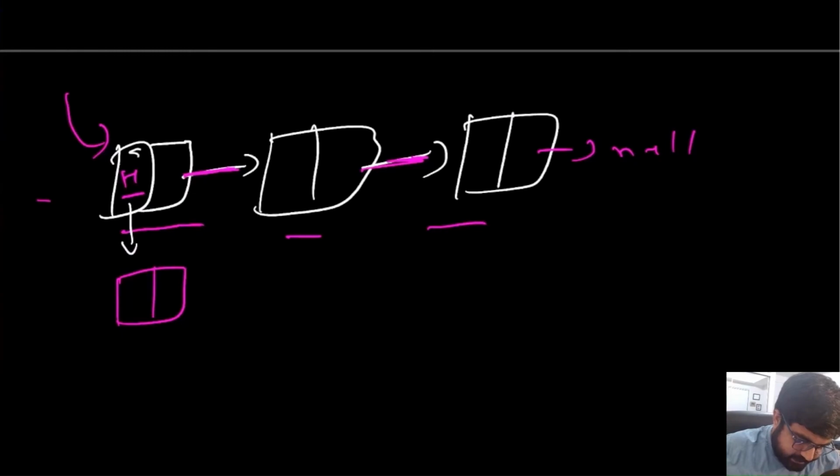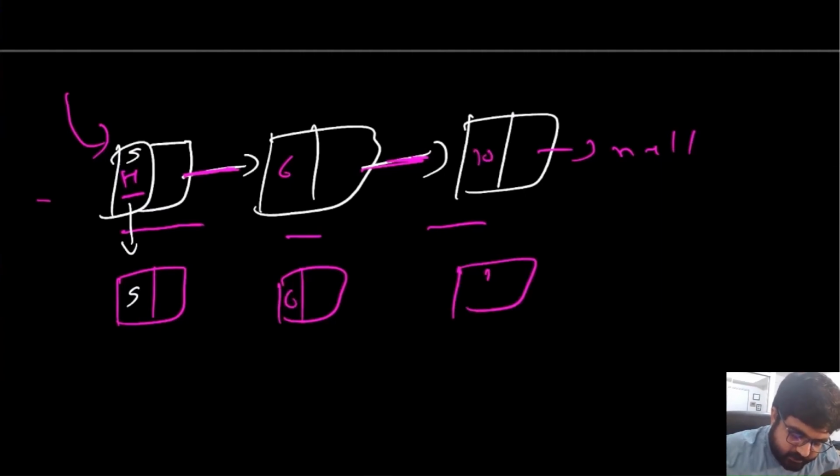So for example, this has value number 5, we can just copy this value as 5, and this has value number 6, we can also copy 6, and if this has value number 10, we can also copy 10. So these things are easy to do.